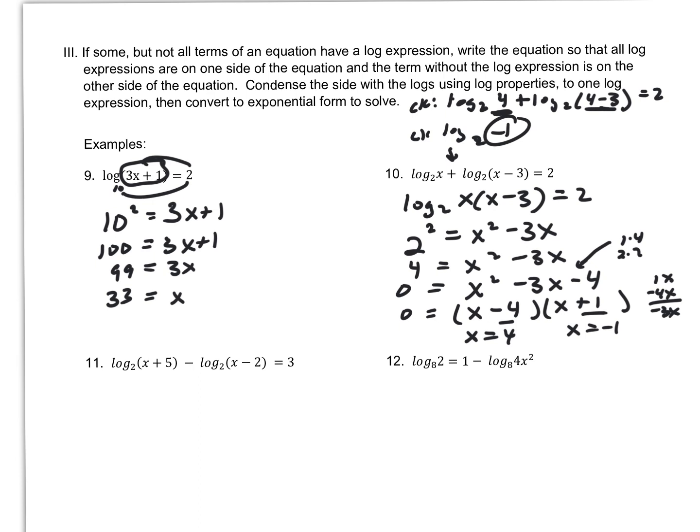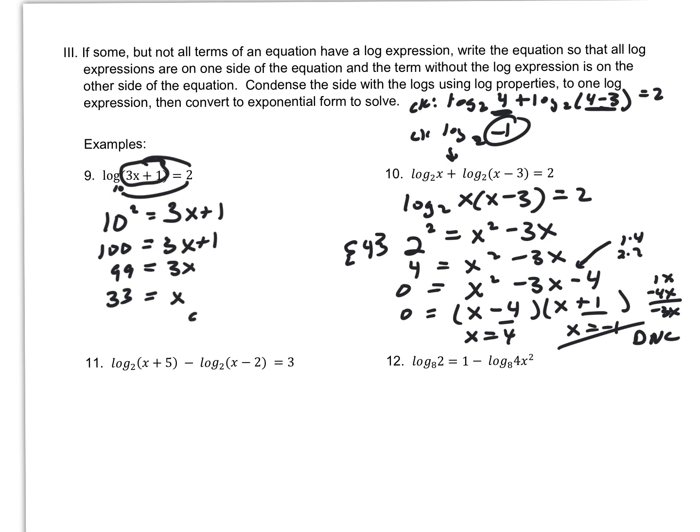Remember, your arguments cannot be negative. So even though it would check on the other side, 4 minus a negative 1 would be a 5, which is positive. The first one does not check. So that's the quick kind of checks you want to do, so that when you're giving me your answer to this problem, you're only giving me the answer of 4, because the negative 1 does not check.